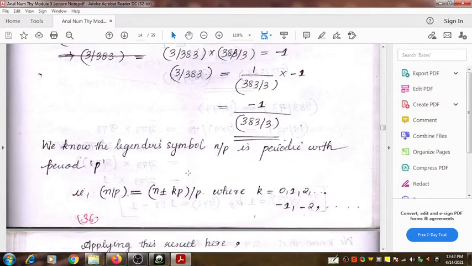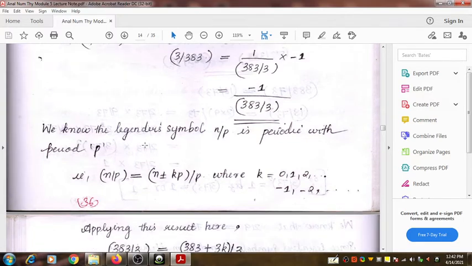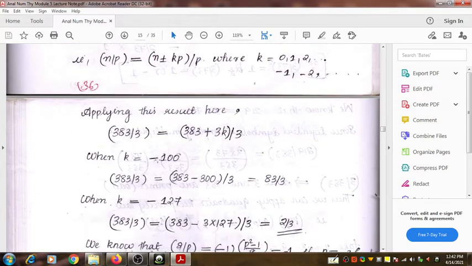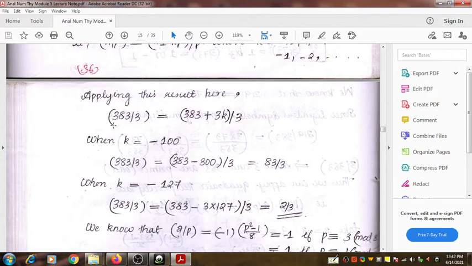But we need to find the value of (383 bar 3) using the periodicity of the Legendre symbol. We can write (383 bar 3) is equal to (383 plus 3k bar 3), where k is, for example, minus 100.